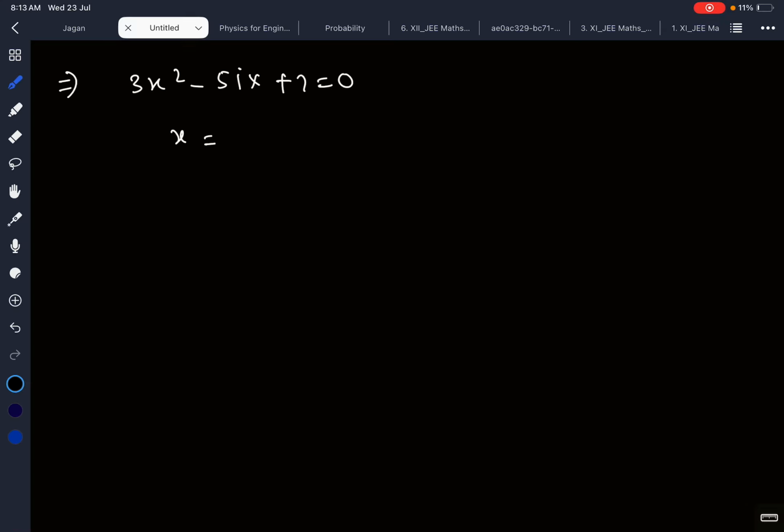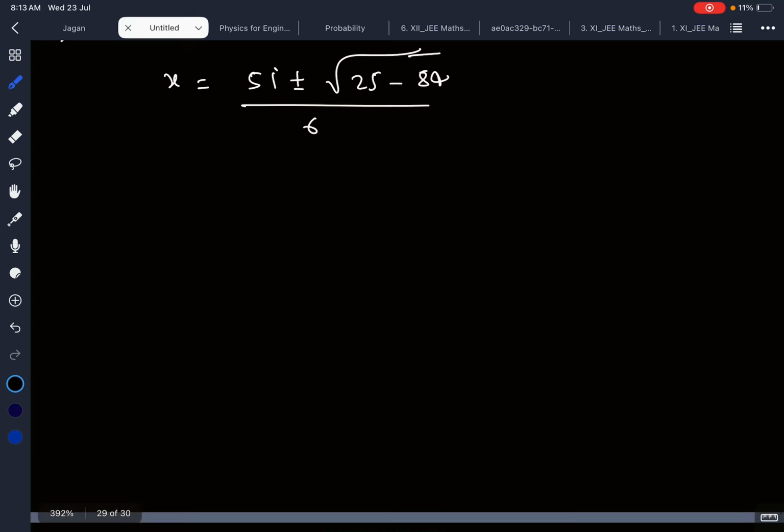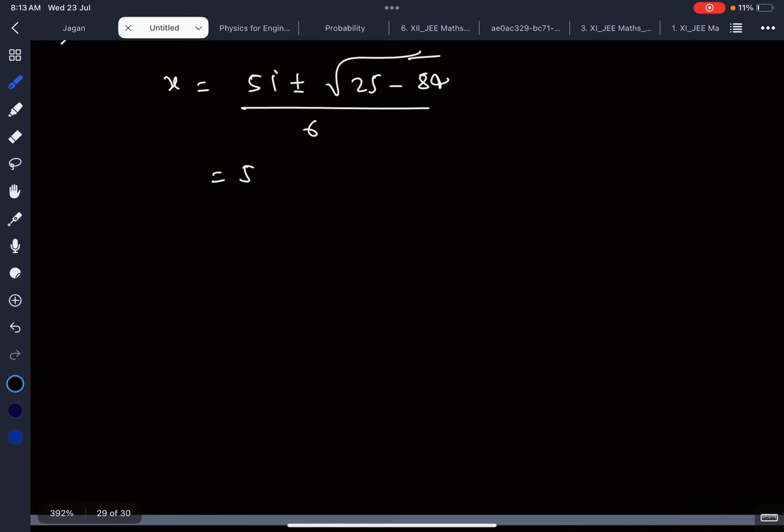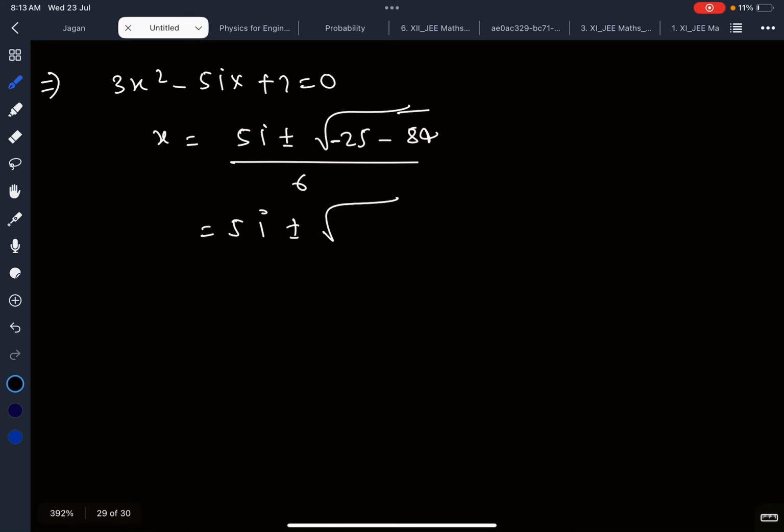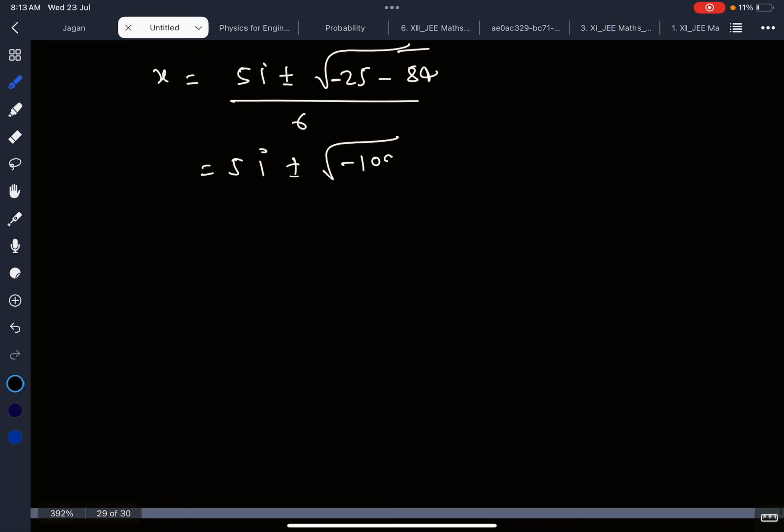So its roots will be 5 iota plus minus the square root of minus 25 minus 84, divided by 6, which is minus 25 minus 84 equals minus 109.